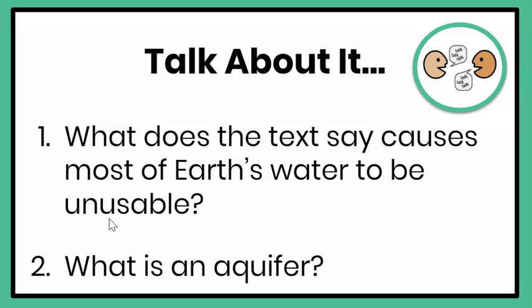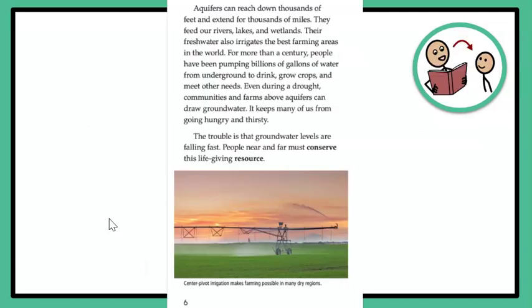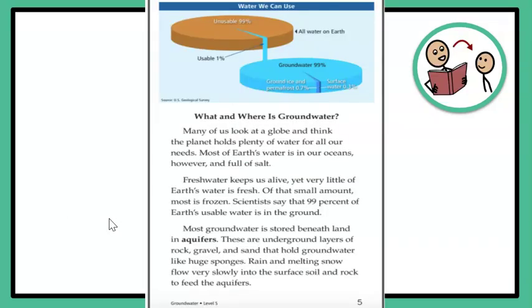Para responder a esta pregunta, vamos a revisar el texto. Esta página del texto dice que la mayor cantidad de agua en la Tierra está en el océano y está lleno de sal, que no podemos beber. Most of the Earth's water is in our oceans, however, and is full of salt.